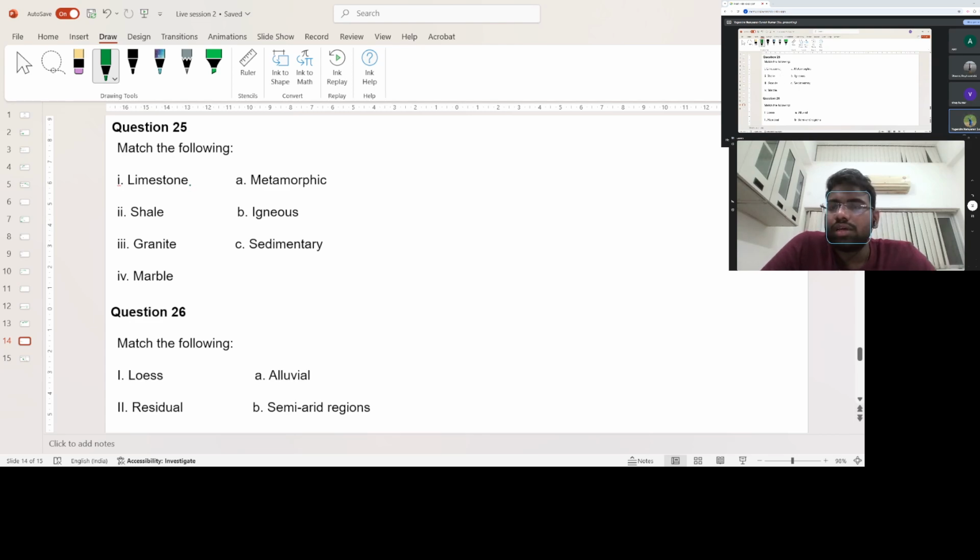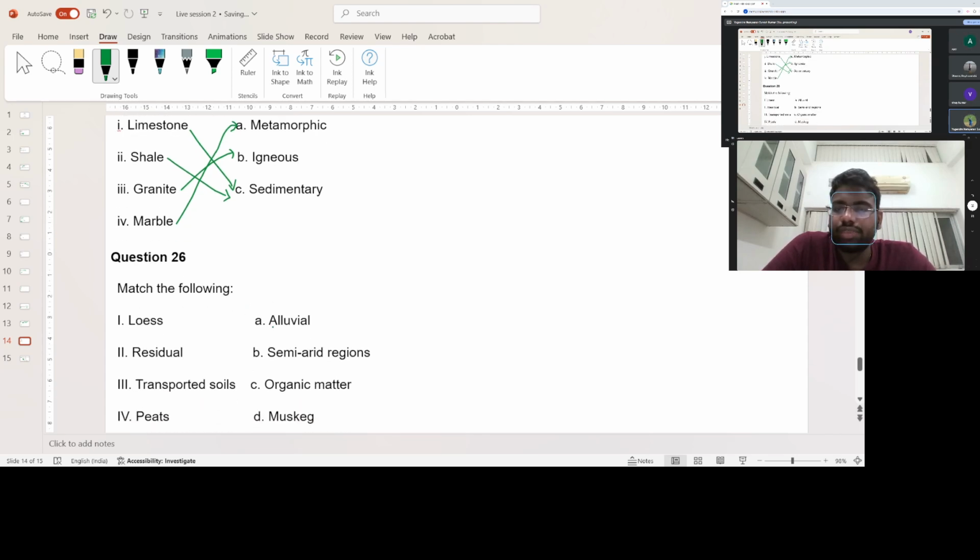So limestone is sedimentary, shale is sedimentary, granite is obviously igneous, and marble is metamorphic. I think it is fairly straightforward, right? Yes, sir.